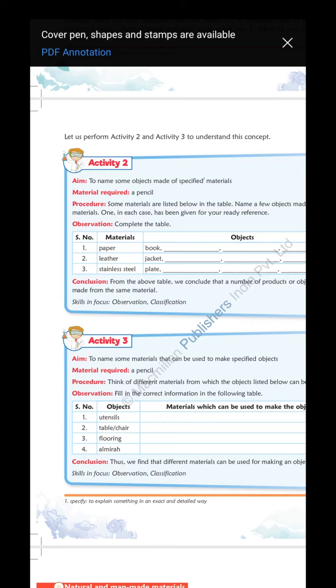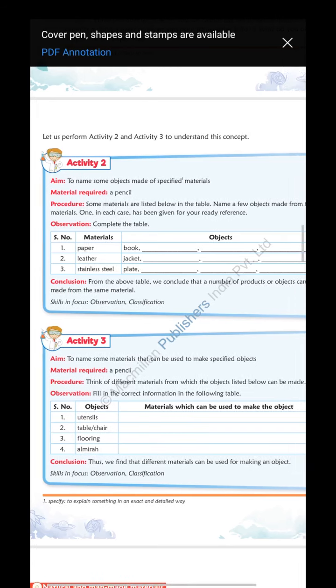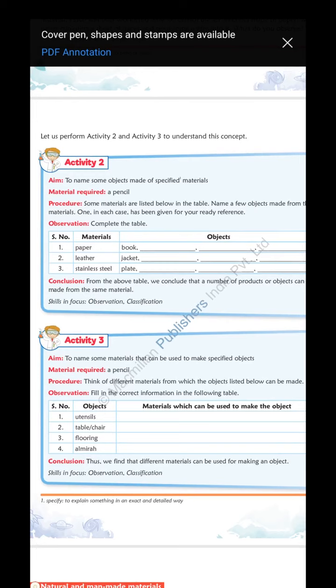And the next one is stainless steel. Stainless steel is used for making objects, plates, utensils, and some more items. It is used for decorating purposes also.